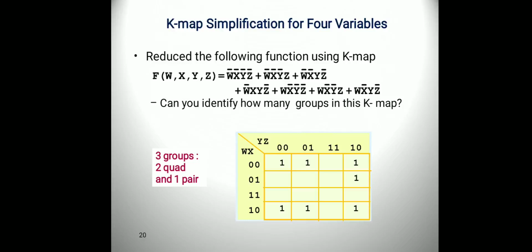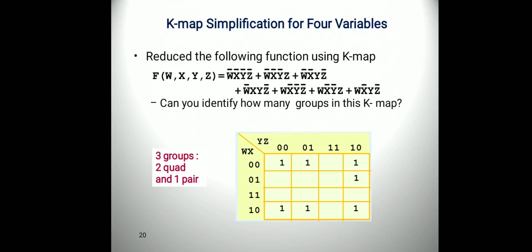Then the simplification for four variables. Reduce the following function using a K-map, where f is a function of w, x, y, z. It contains 7 minterms: w complement x complement y complement z complement plus w complement x complement y complement z, and so on.